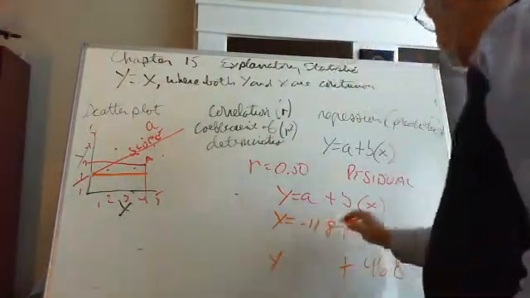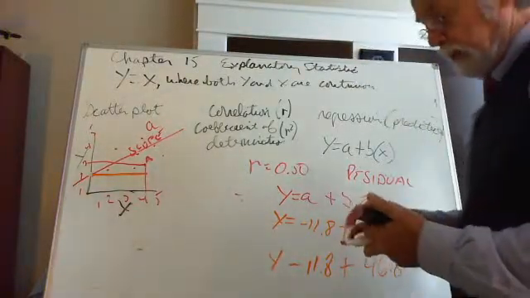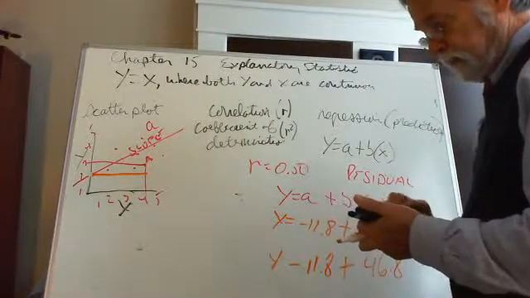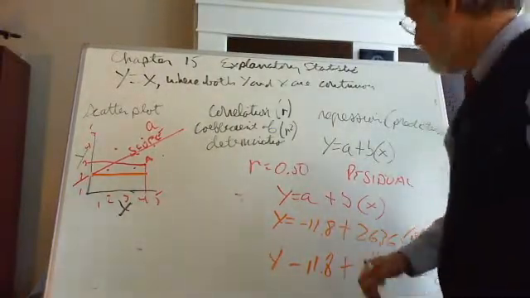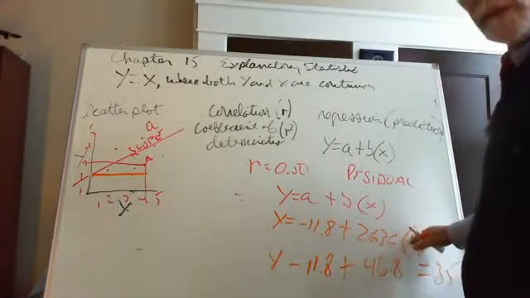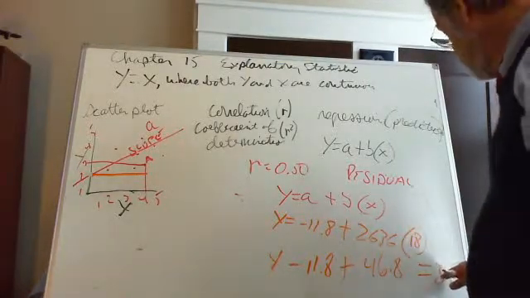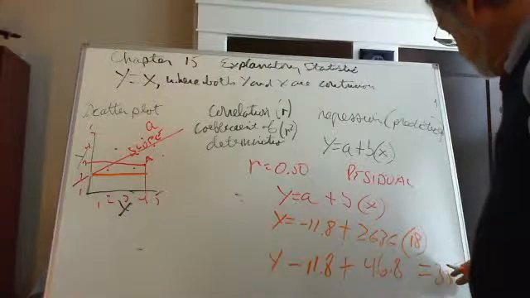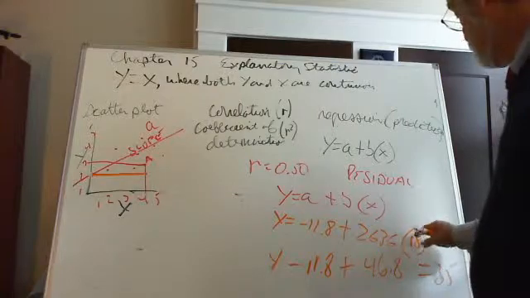Y equals, then it's a minus 11.8. So then we take 46.8 minus 11.8, and that equals 35. So then we would say that at a median income of 18,000, we would expect 350 per thousand, or 35 per 100,000, however you want to say it. But 35 deaths, or I mean, the crime rate would be 35 at 18.